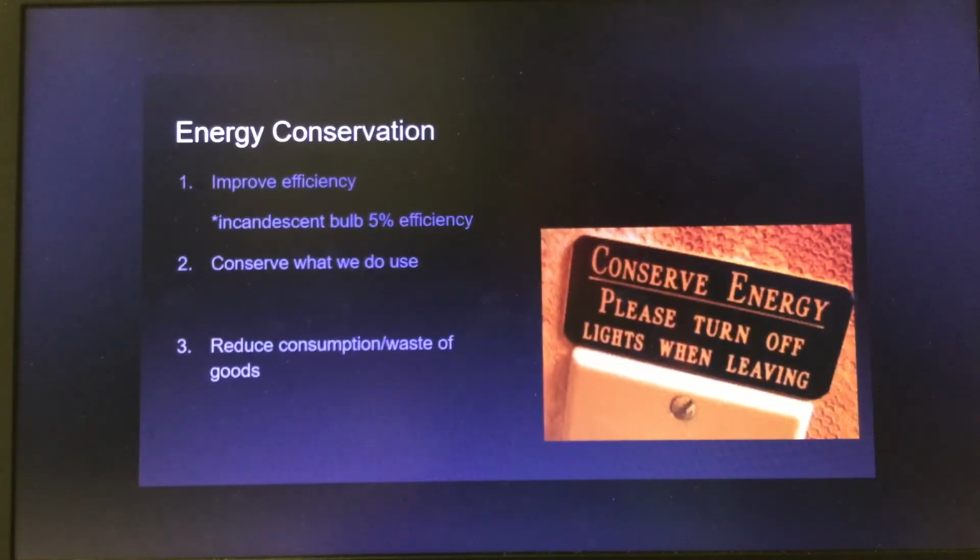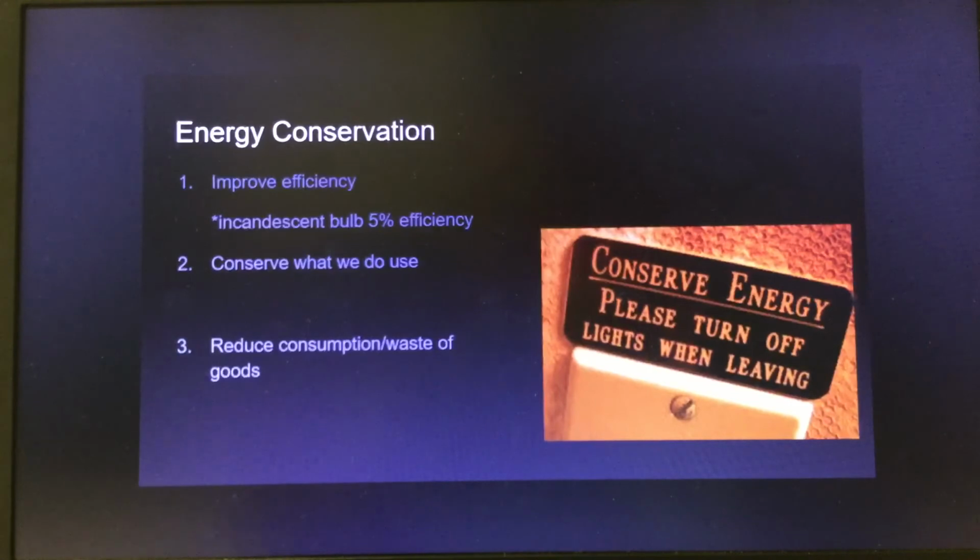So for example, turning off lights when leaving a room, changing your thermostat so that it's not quite as cool during the summer or not as warm during the winter, architectural design of buildings, not wasting food, not wasting hot water, not wasting electricity as we're washing things and taking care of things in our home.